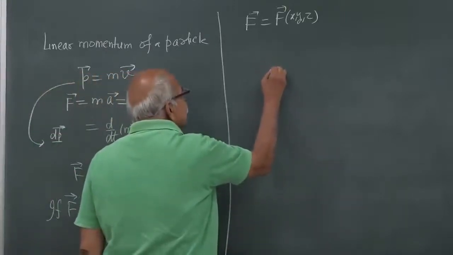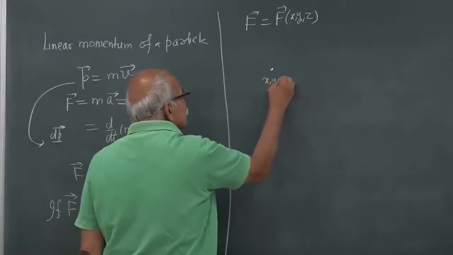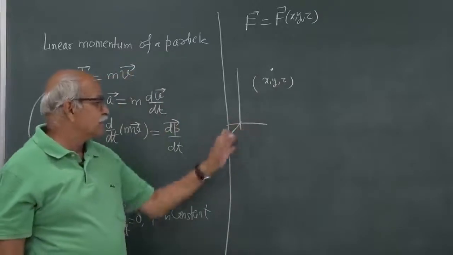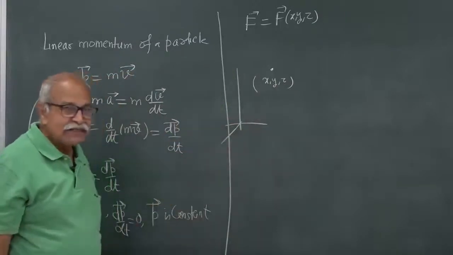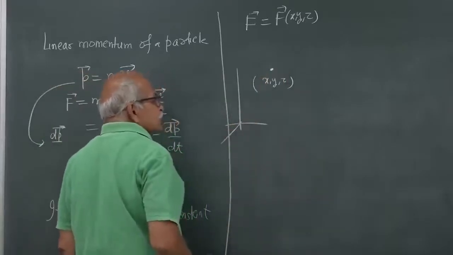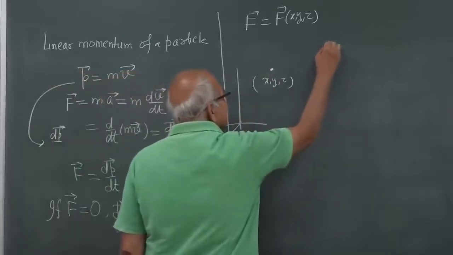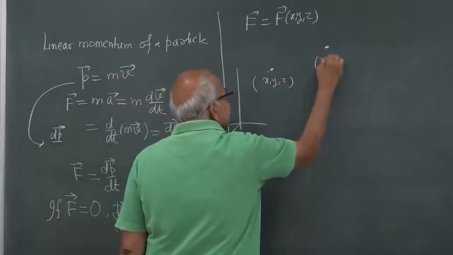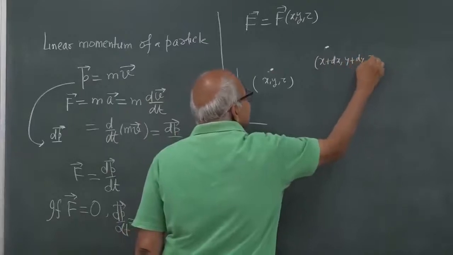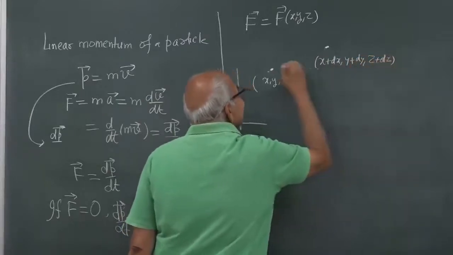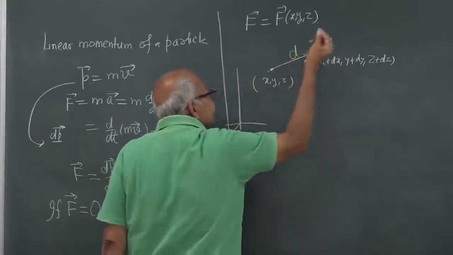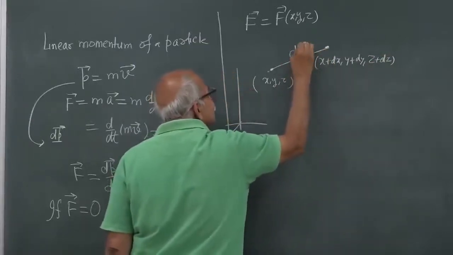I have a point x, y, z. I have some frame of reference, some origin, some x axis, some y axis, some z axis, and with reference to that I have a point x, y, z. Then nearby I take another point, x plus dx, y plus dy, z plus dz, and this vector I call dr vector or dl vector.